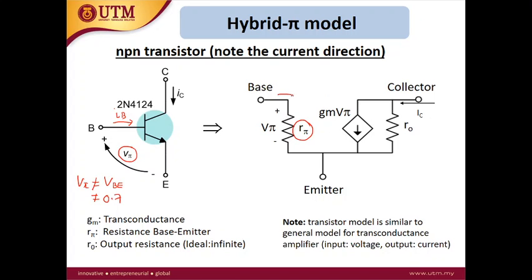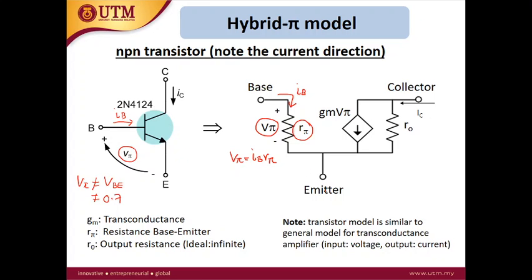And then the base current is here. We consider the voltage across R pi as V pi. So V pi is actually equal to IB times R pi, between base and emitter.